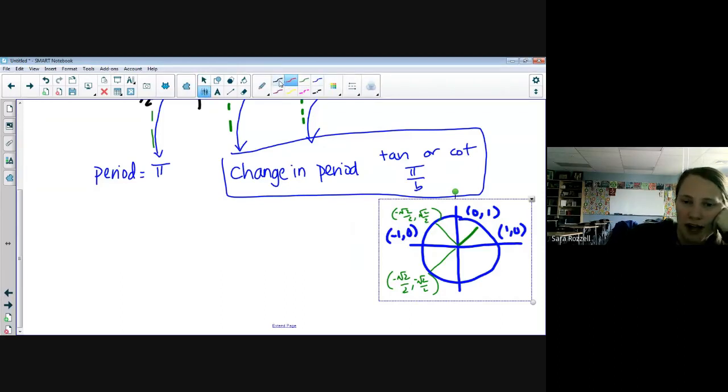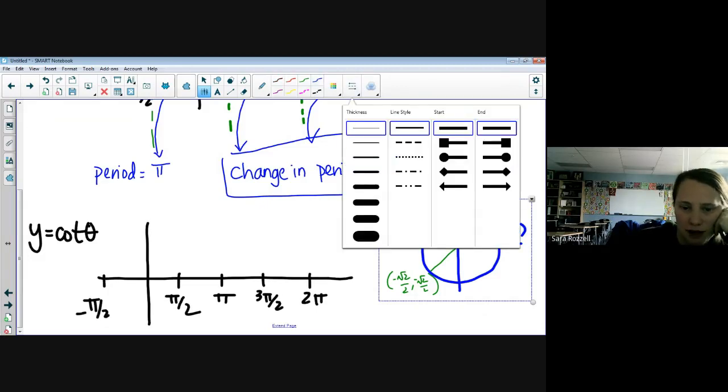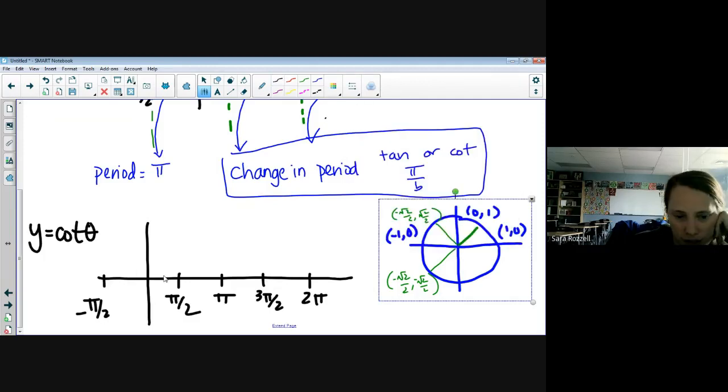Cotangent, instead of y over x, is x over y, or cosine over sine. I'm going to make tiny marks for my pi over 4s because we'll need to have those on there.